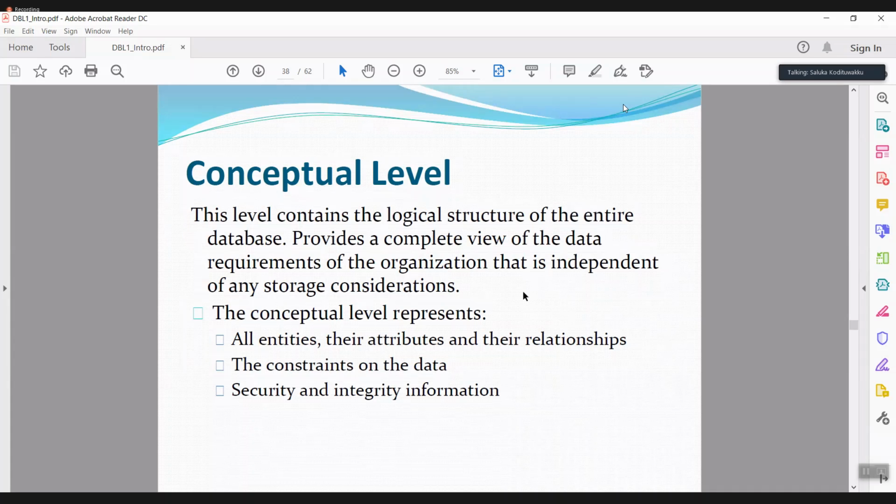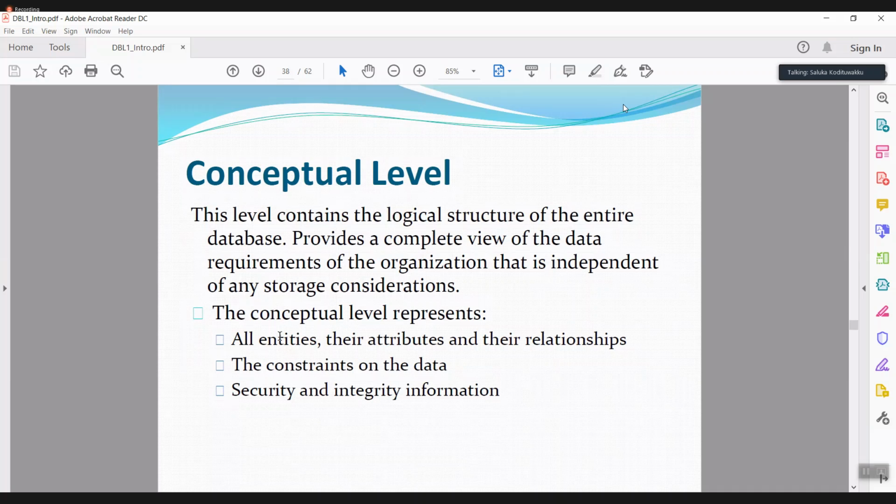Now, in order to define this conceptual schema, we have to have the overall representation of the mini-world. Therefore, this conceptual level should contain all the entities within the mini-world, what the characteristics or attributes of those entities are, and how those entities relate to one another. Those things should be represented by this conceptual schema.